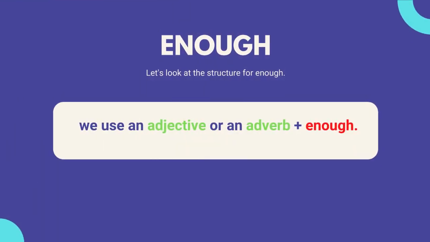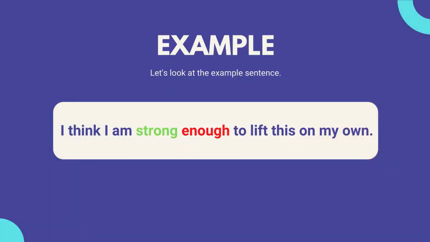Let's look at the structure for these two words. The structure for enough is like this: we use an adjective or an adverb plus enough. Let's look at the example. I think I am strong enough to lift this on my own. So that's an adjective plus enough.